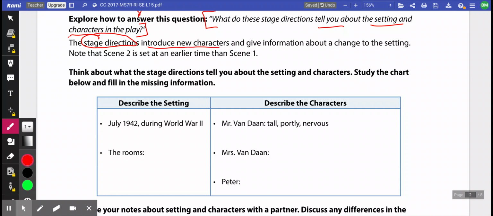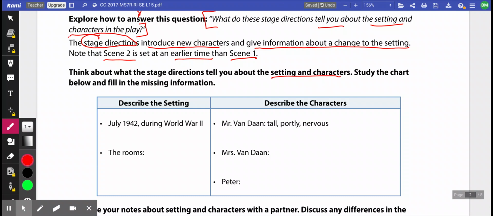They introduce new characters and give information about a change to the setting. Okay. And then we even have our little note that scene 2 is set in an earlier time than scene 1. So think about what the stage directions tell you about the setting and characters. And we're going to use the chart below to fill in the missing information.